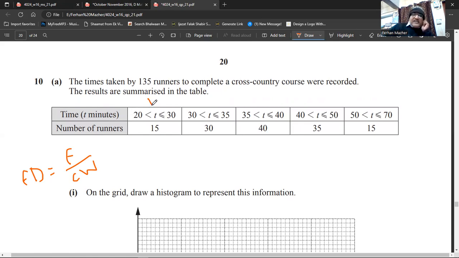So the class width here will be 10. Here the class width will be 5. Here the class width will be 5. Here the class width will be 10. And here the class width will be 20. And if you divide the frequency with the class width, you get the frequency density.